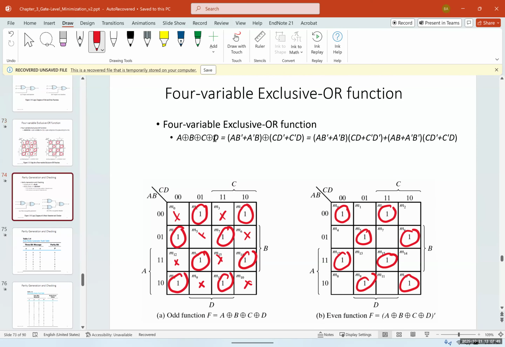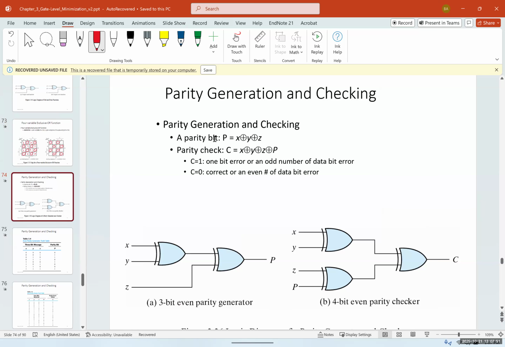Now, where do we use exclusive ORs and exclusive NORs? We use them sometimes for parity generation and checking. Parity code is a type of extra bit that we add to a system to be able to detect and correct codes sometimes. And the way that we find it is like this.